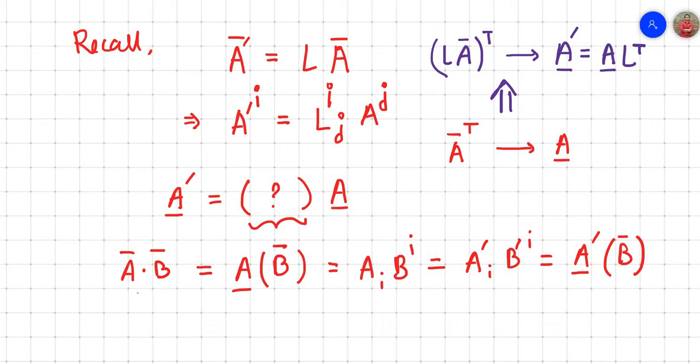So there should be a prime here, and this is equal to A dual L transposed, and then L acting on the B vector, but this should equal A dual acting on B vector.